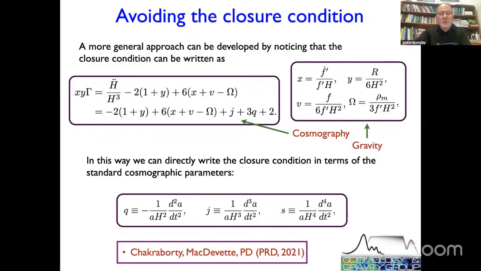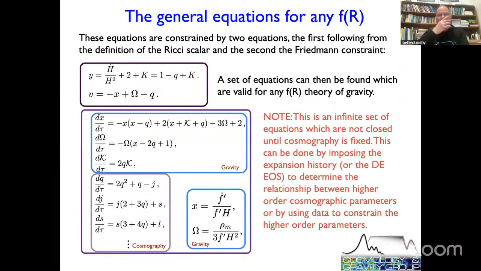So when you write down the evolution equations, as I said, you get 2 sets. One which can be broadly characterized as describing gravity. That's the first set. And then the second set corresponds to the cosmography, which is an infinite set of equations.